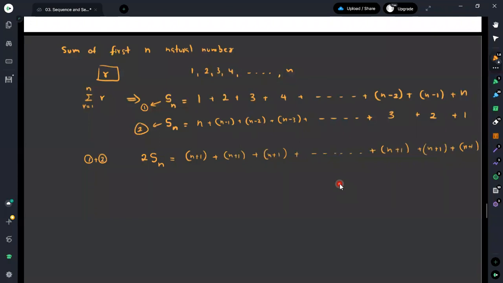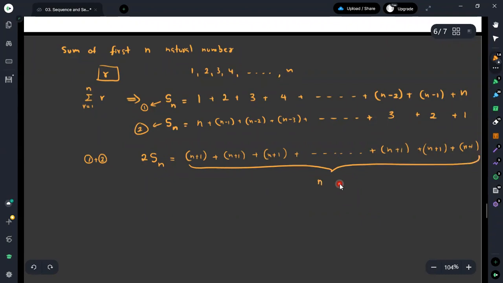Since we are counting for the first n natural numbers, this series has n terms. Since we have added these n terms in this series also, we will have n terms here. Therefore, we have 2 times Sn, and the same term n plus 1 has repeated n times. So we can take it as equal to n times n plus 1.